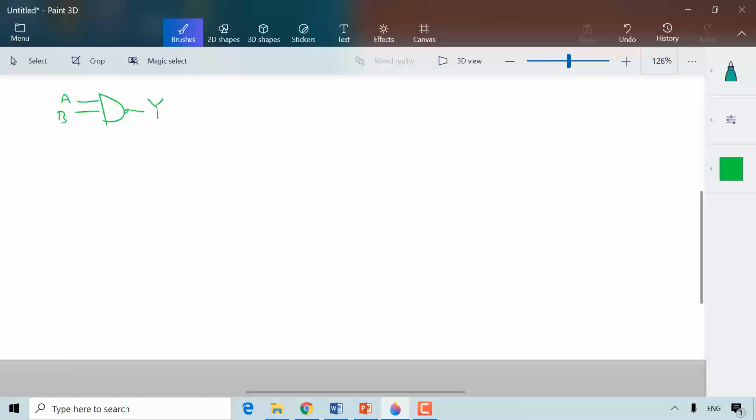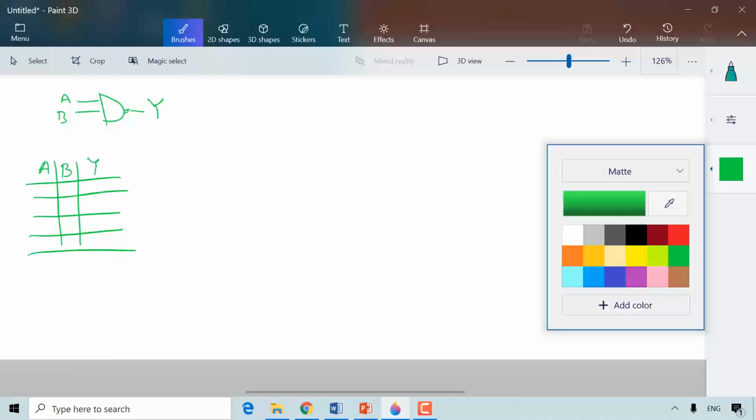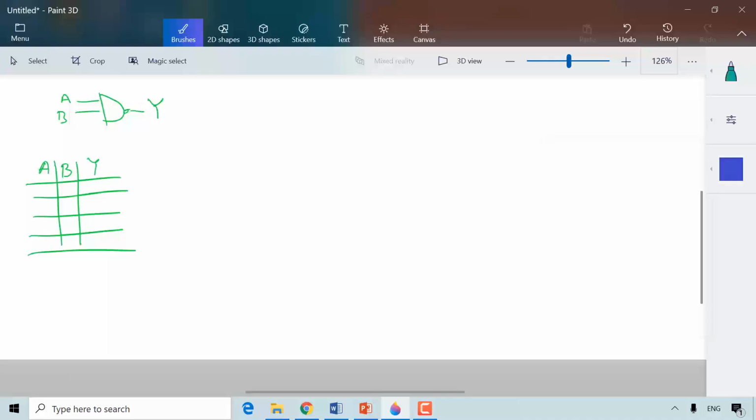The truth table for the NAND gate is A, B, and Y. The inputs are low, low, low, high, high, low, high, high, and the output is high, high, high, low.